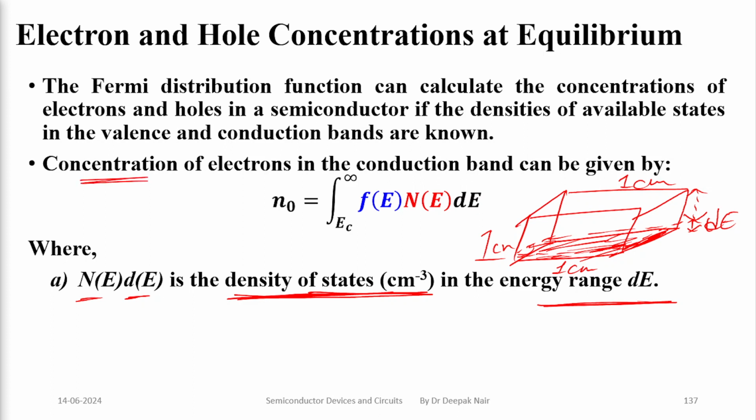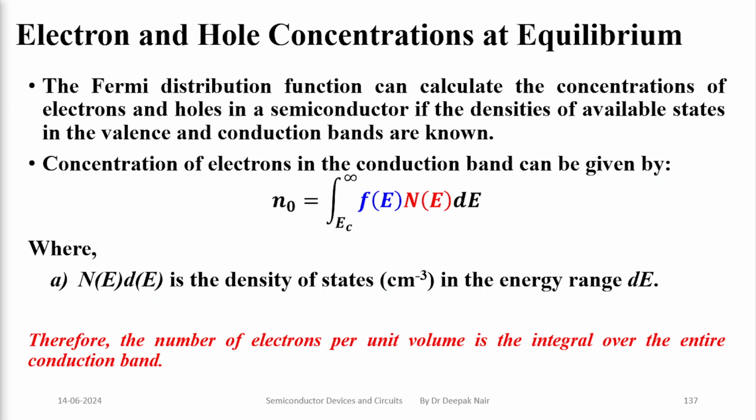So to find the concentration of electrons in the conduction band, we have to integrate. Suppose here we have the EC, we move upward towards infinity in the semiconductor to find the density of electrons. If we keep on adding all these small chunks of dE, because it is an integration starting from EC to infinity, we will get the concentration of electrons.